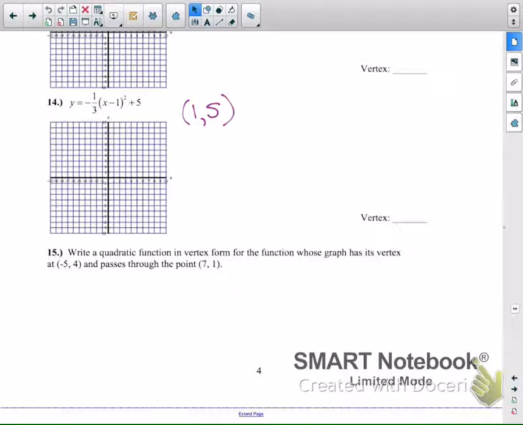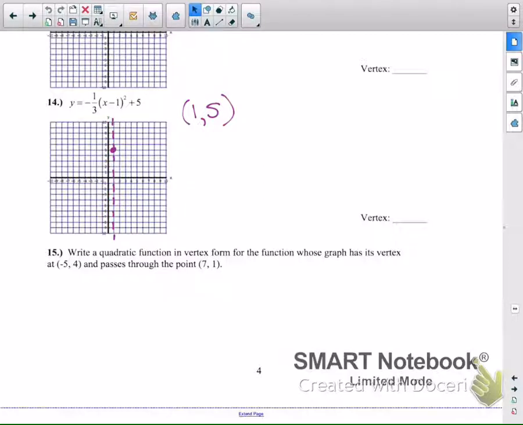Start with my vertex 1, 5. If you want to draw your axis of symmetry down the middle, you can. Really, you don't hardly see anyone do that outside of Algebra 2, which is why we just kind of stop it. The A value also tells you the slope of it, and it's supposed to be wider. Okay, so you use the down 1 over 3 from either side on the vertex.